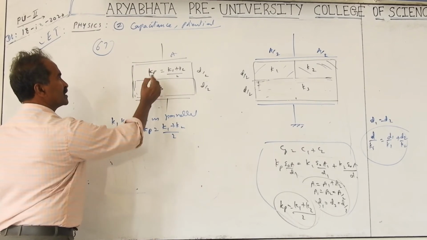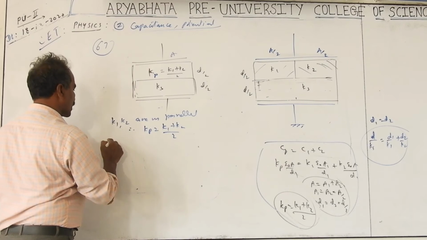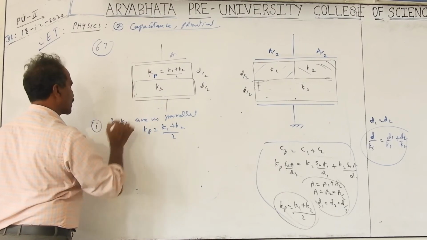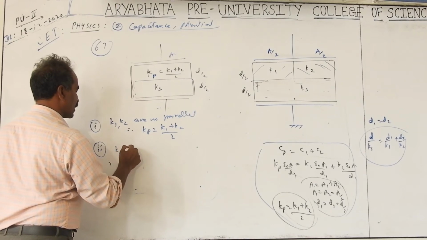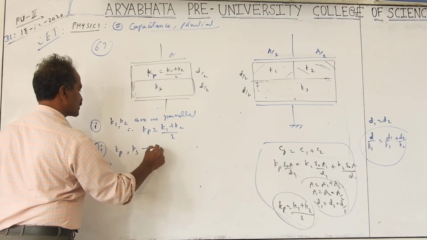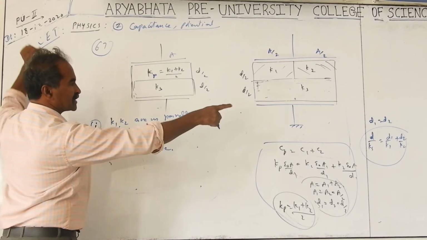After that we take this K parallel. Next, K parallel is in series with K3. K parallel and K3 in series. Now we go for that resultant. What is that relation?